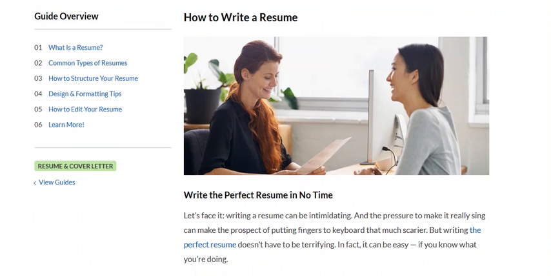If you didn't see the link in week 5, lesson 5, simply go to Google in your browser and Google Glassdoor how to write a resume, and it should take you to this page.